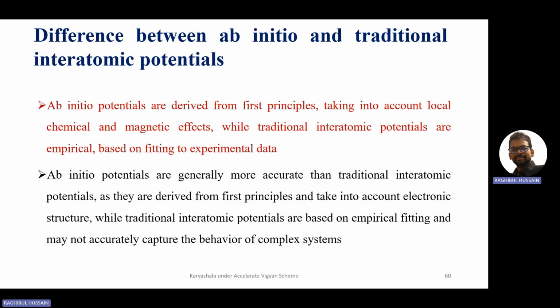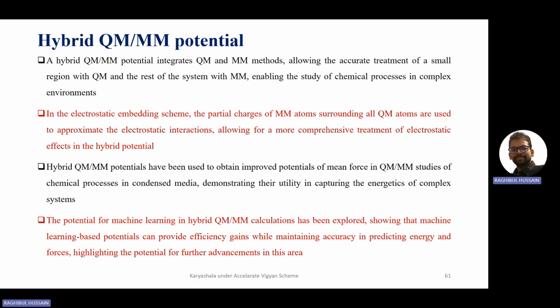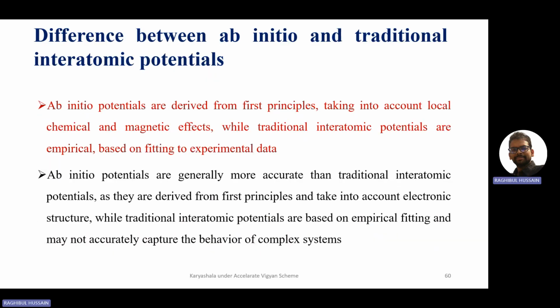Moving on, there are some differences between ab initio and the traditional interatomic potentials. Ab initio potentials are derived from first principles and are updated at each and every step, taking into account the local chemical as well as the magnetic effects, which makes this kind of simulation really slow. Traditional interatomic potentials are empirical, based on fitting of experimental data.